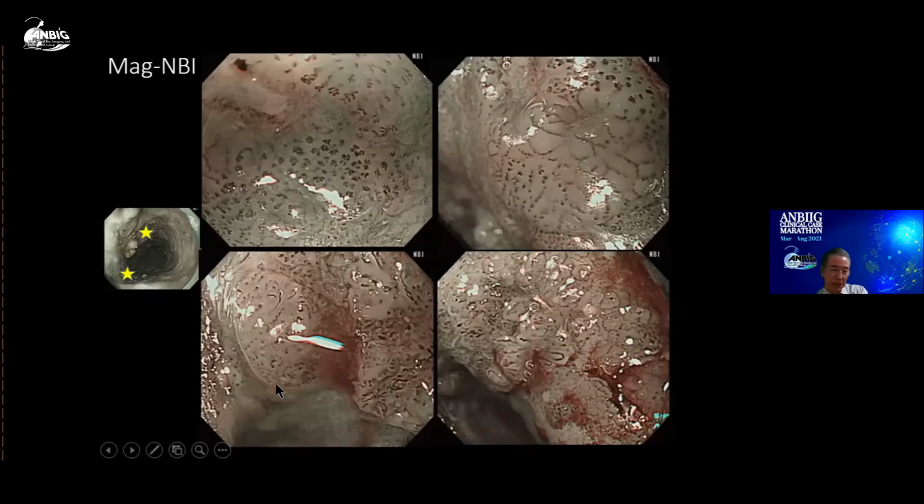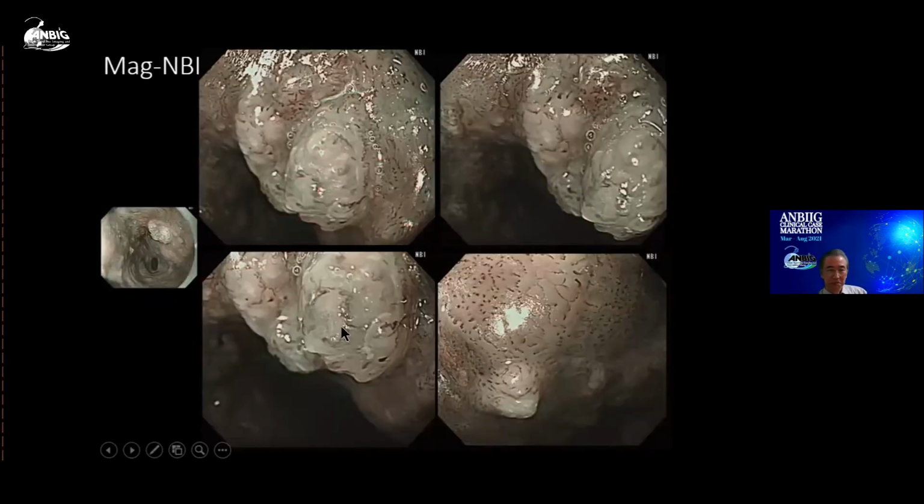Of course, some water covers the surface, so it is a little bit unclear, but anyway, we can say lots of B2 vessels. And the B2 vessels in relation to some component, some portion is submucosal invasion. So I think this is the case.